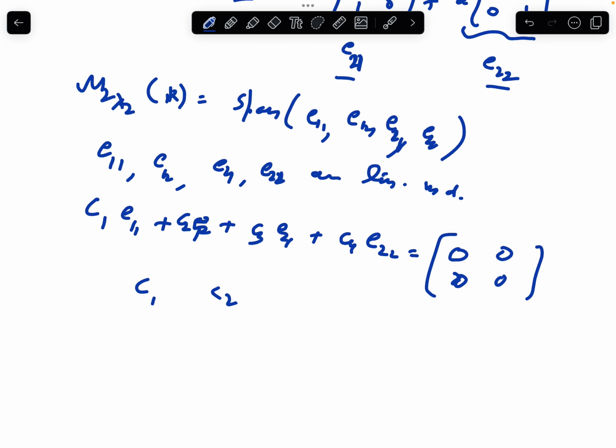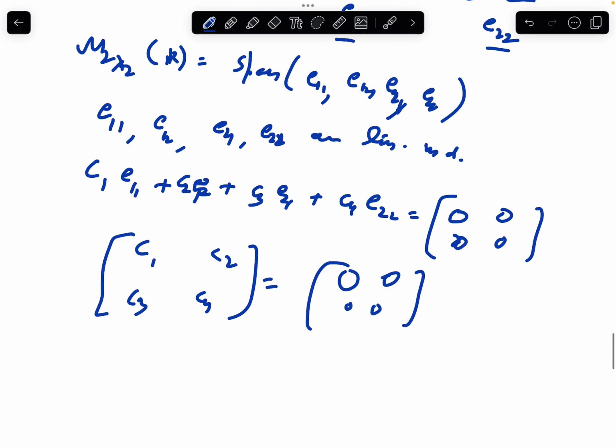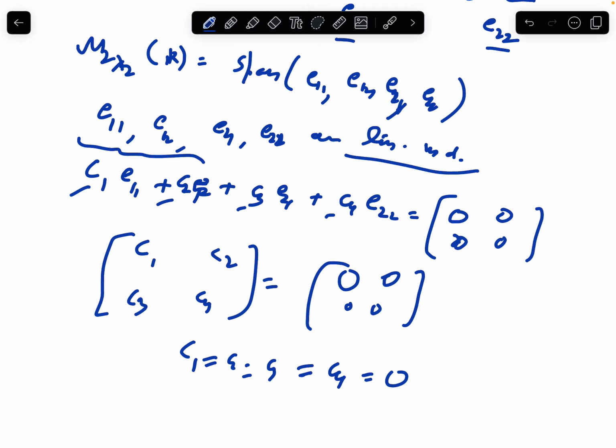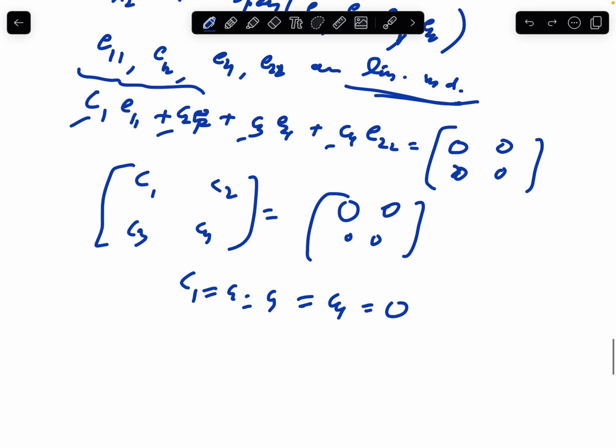Simplifying all these, you get this equal to the 0 matrix. Compare and you'll get C1 equal to C2 equal to C3 equal to C4 equal to 0. So all these coefficients are 0. Therefore, they are linearly independent. So E11, E12, E21, E22 are linearly independent and they span this vector space. Therefore, they are a basis. Right?